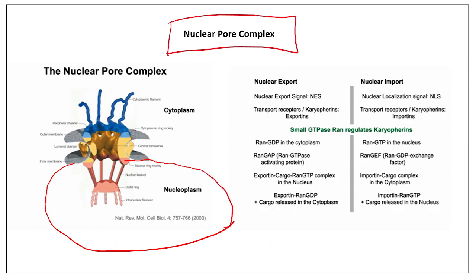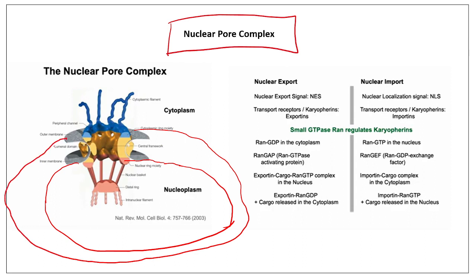This is the inner membrane. Sorry for the bad handwriting, I'm just trying to explain to you. This is the outer membrane, this is the cytoplasm, this is the nucleus, and in between you have the lumen. And this is your pore.